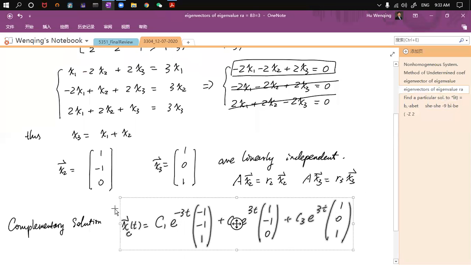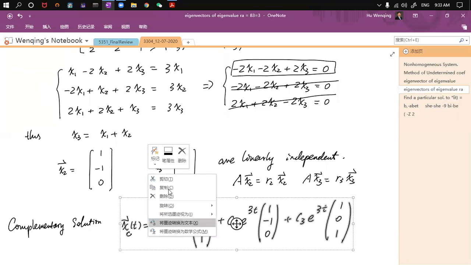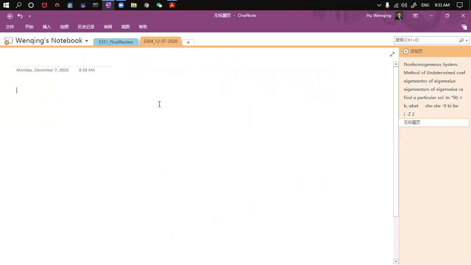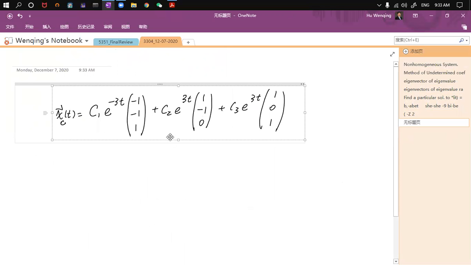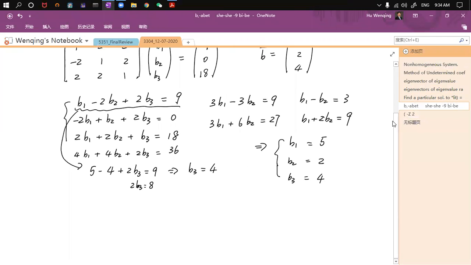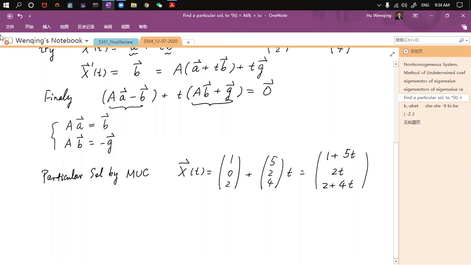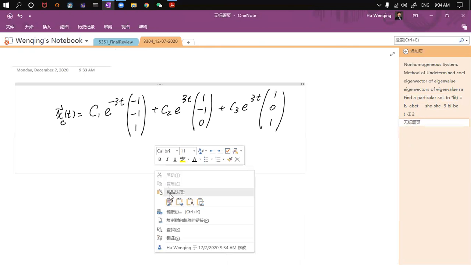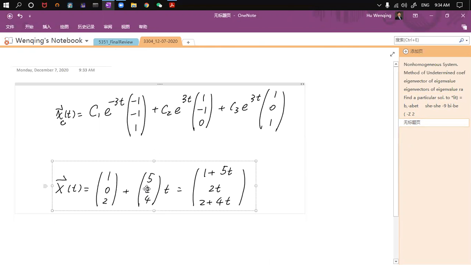I will need this complementary solution, and then we have another equation which gives us the particular solution that we just found here.